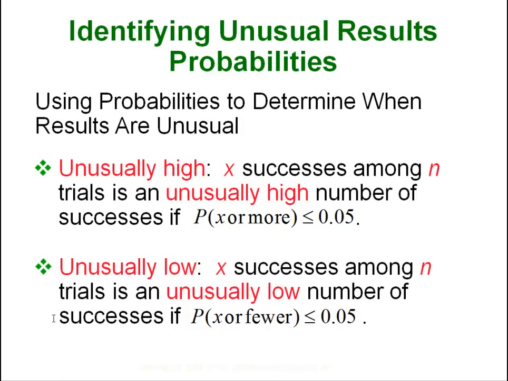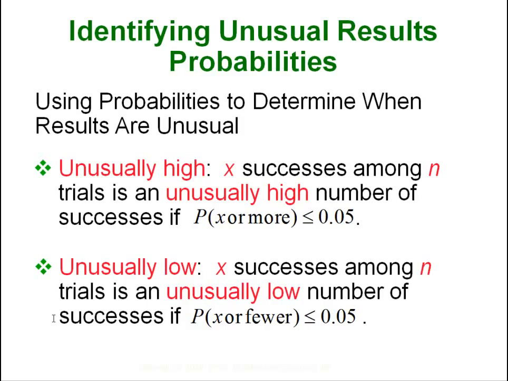And when we're dealing with random variables and probability distributions, it's not just the probability of that number of things. It's going to be that number of things or more if we're looking for something that's unusually high, or that number of things or lower.